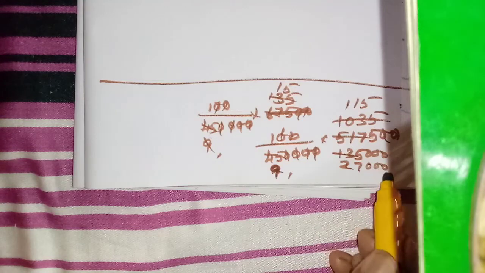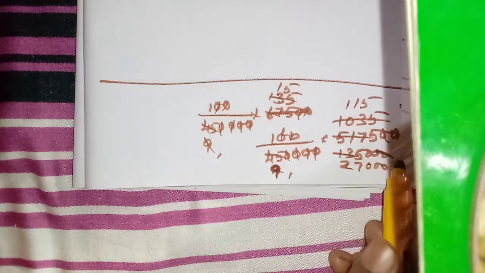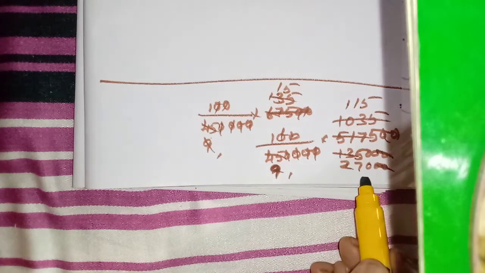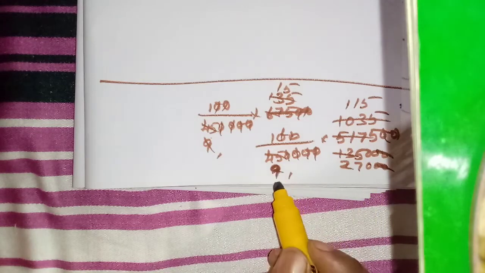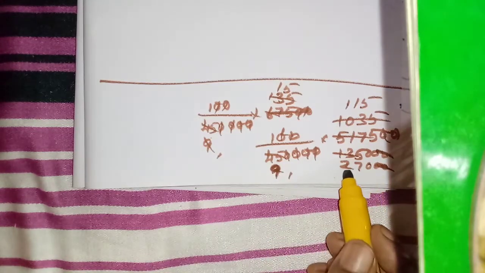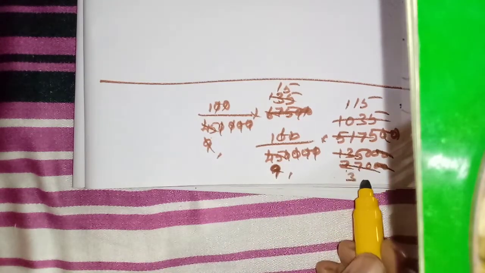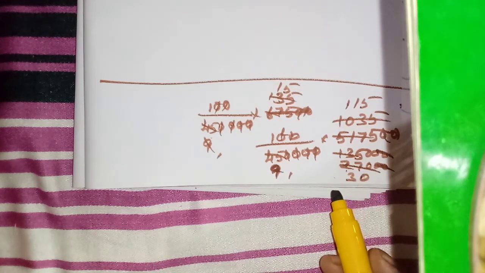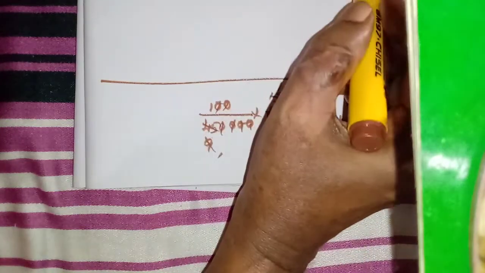Not 3 20. Once 2 0 we will cut, isn't it? So 270. Then again 9. Okay, so how many 9? 3 9s are 27. 30. 30 is the expense ratio.